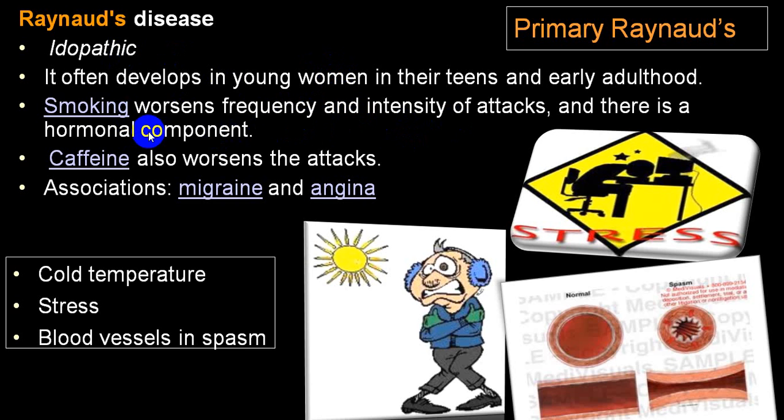They say that there is also a hormonal factor. Caffeine can also worsen the attack, and very frequently it is also associated with migraine or vasospastic angina. It is precipitated by exposure to cold, emotional stress, and any condition which produces blood vessel spasm.